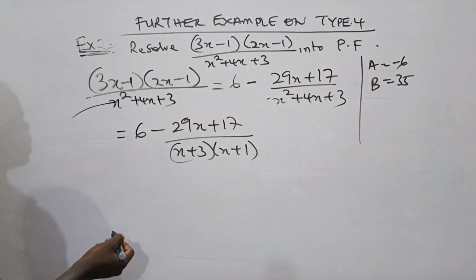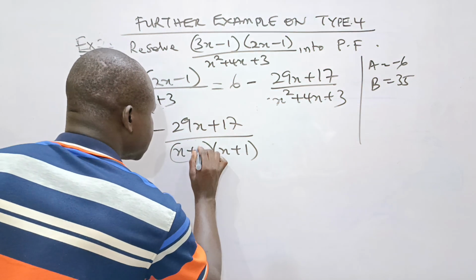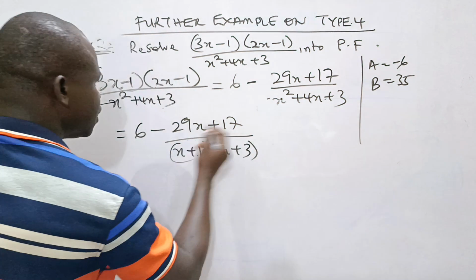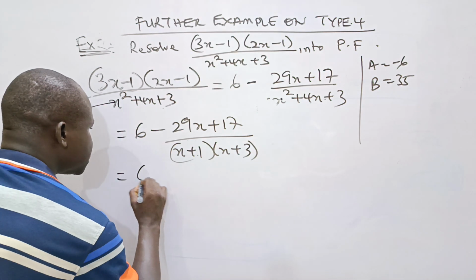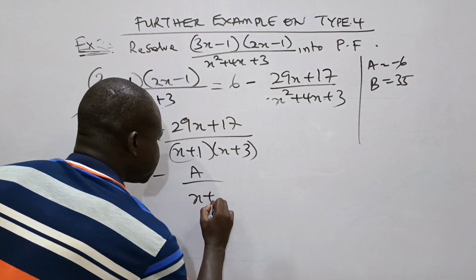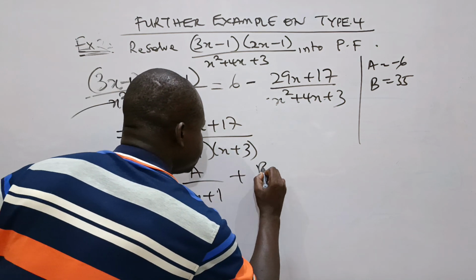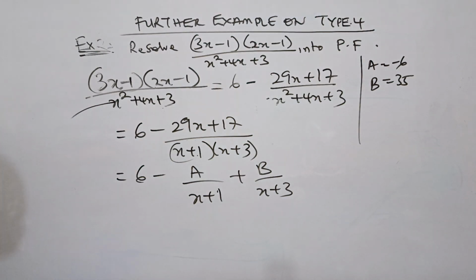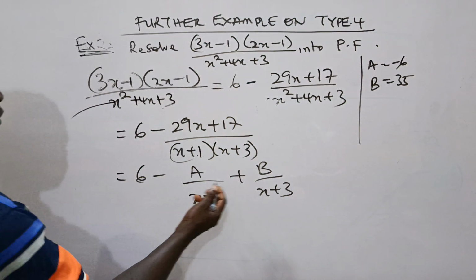That's what we have got. So at the end of the day, we have it to be equal to a all over x plus 1, then plus b all over x plus 3, or something of this nature. So when we multiply through, we have something of this.